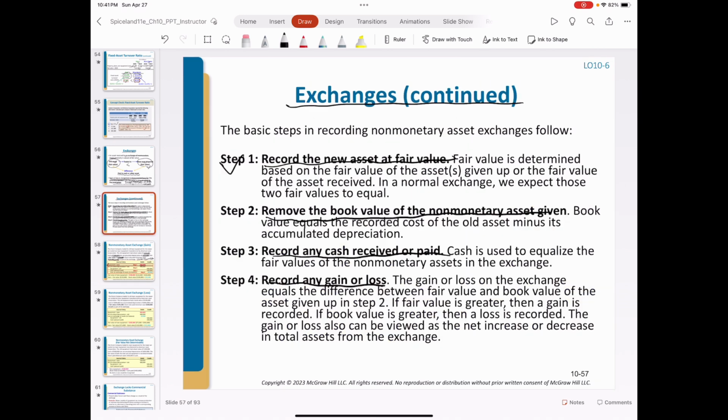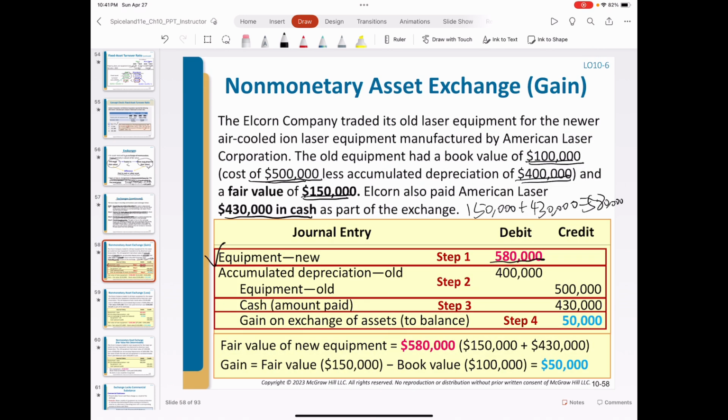The second step is to remove the book value of the old asset. The old asset has a cost of $500,000 and accumulated depreciation of $400,000. So we debit accumulated depreciation $400,000 and credit assets $500,000. The accounts of these assets will be 0 after this journal entry.